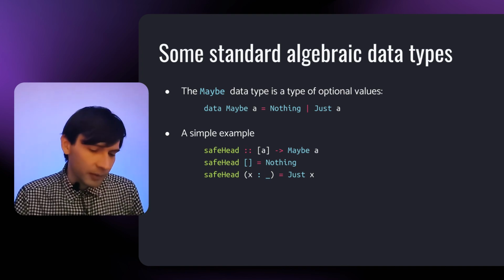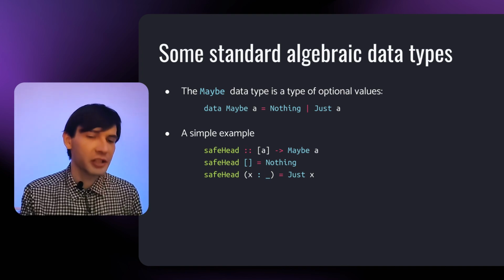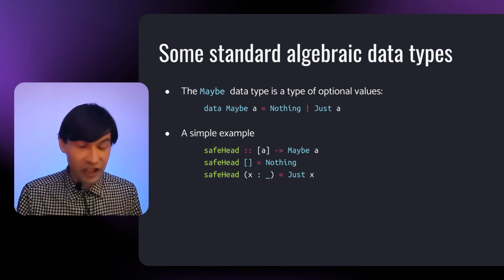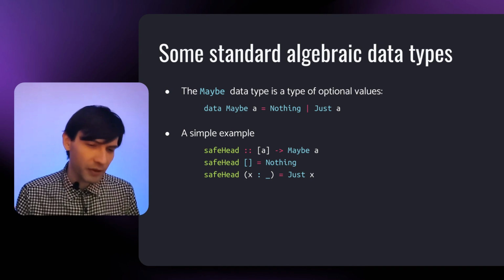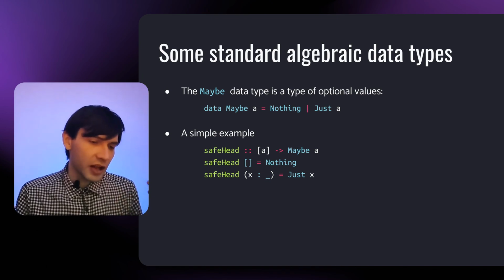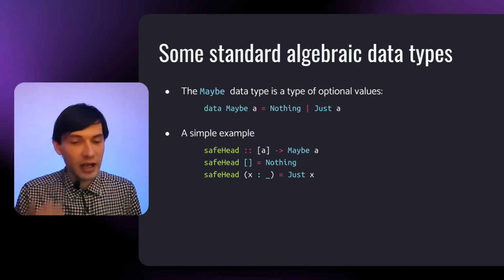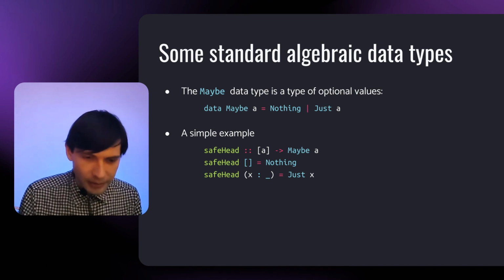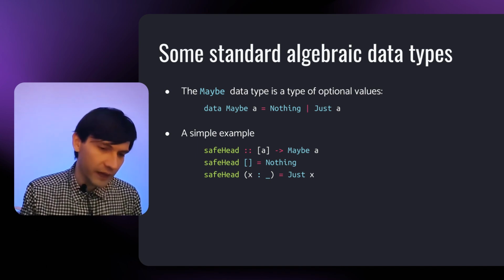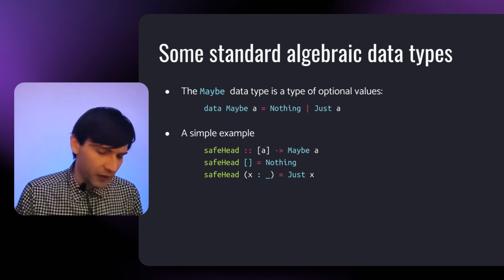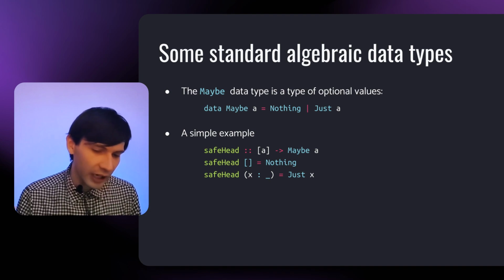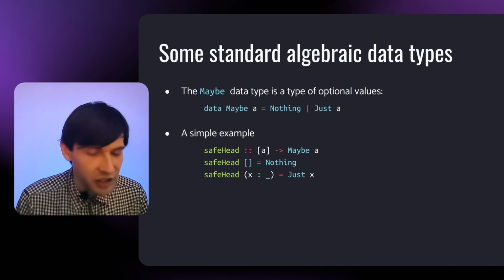But here is the question: what do we have to do when a given list is empty? The problem is that the empty list has no elements and it has no head in particular. And the head function, for this reason, is not total, and consequently it's unsafe.